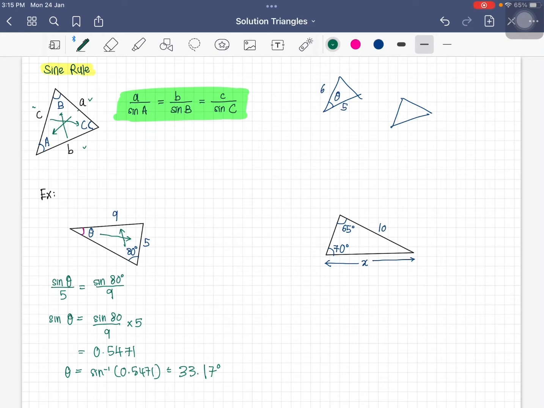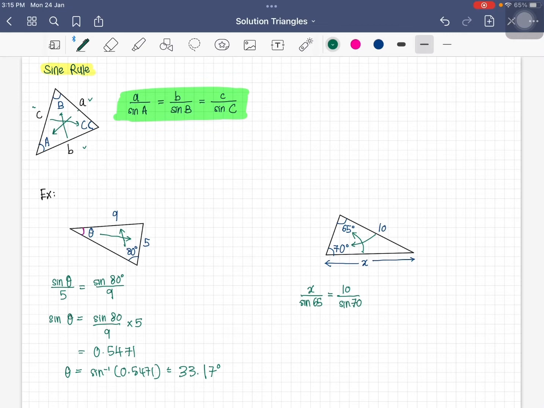Now suppose we have this triangle. We see that the angle is not included between the length 10 and the other side. I want to find x, therefore I start with x over sine of the angle opposite it, which is sine of 65. If you start with a length, you have to put the length at the numerator, so you have 10 over sine of 70.